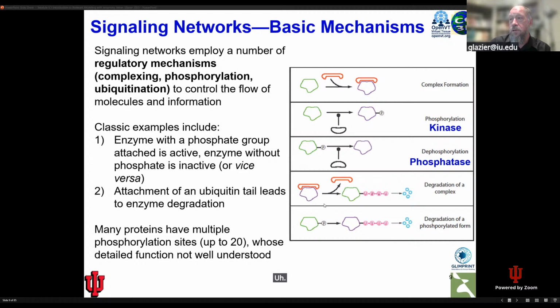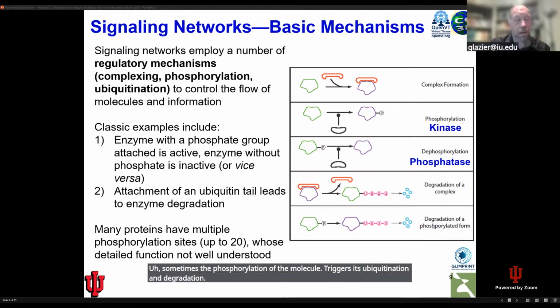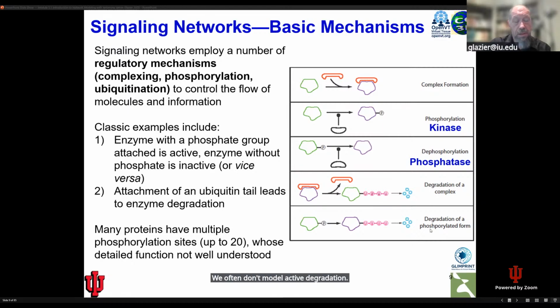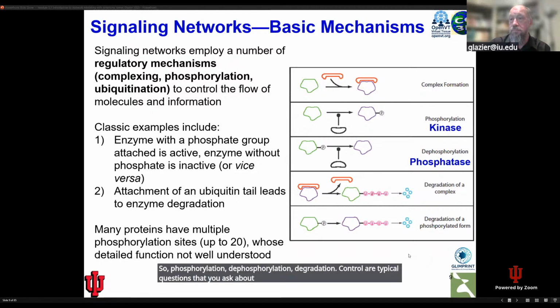And you can have a breakup of a complex followed by ubiquitination and then degradation of a molecular species. Sometimes the phosphorylation of a molecule triggers its ubiquitination and degradation. We often don't model active degradation, but it can be quite important. So phosphorylation, dephosphorylation, degradation control are typical questions that you ask about in signaling.